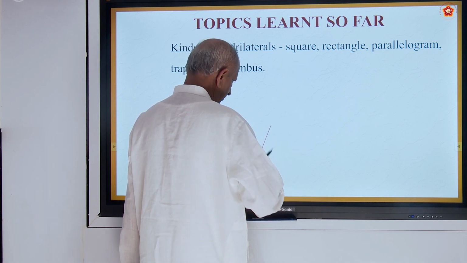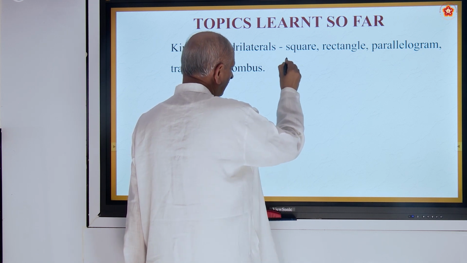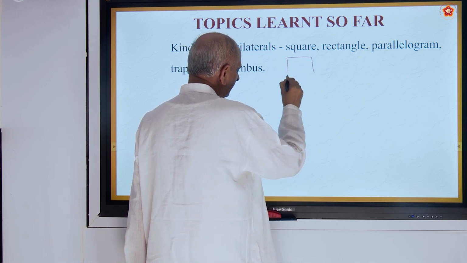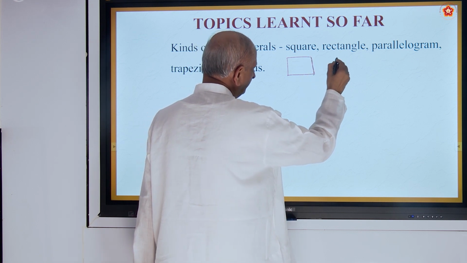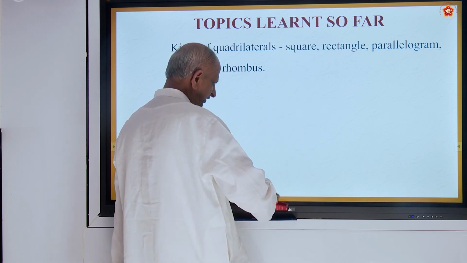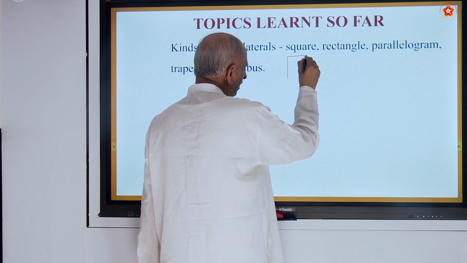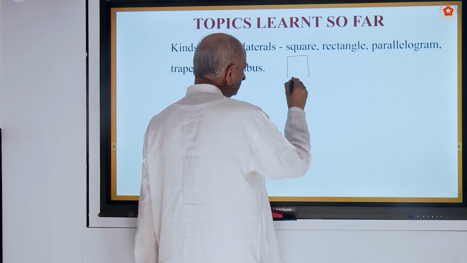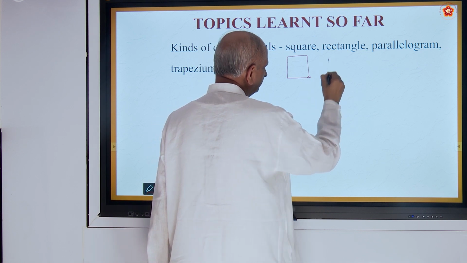Okay, even though square is also a quadrilateral having all the sides and angles equal, but in case of rectangle, only opposite sides are equal and all the angles are 90 degrees.